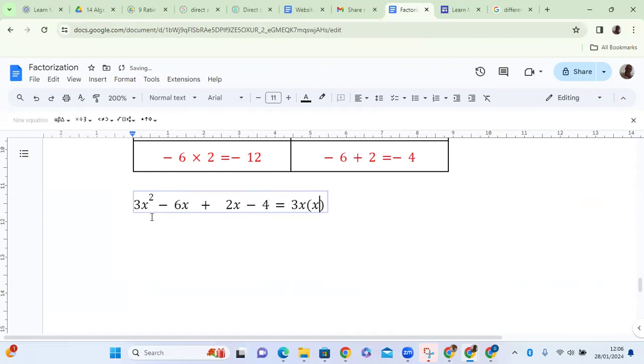And negative 6x divided by 3x is negative 2, since 6 divided by 3 is 2 and the x cancels out. And we keep the plus in the middle.